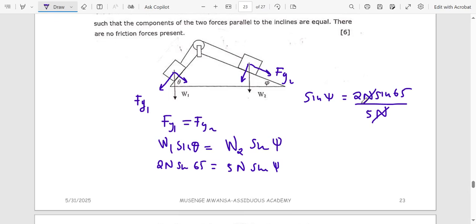This N will cancel with this N. So sine of that angle is going to be 2 sine 65 divided by 5. And that will be 0.3625. If we want to remain with this angle, we'll take the sine inverse of 0.3625.